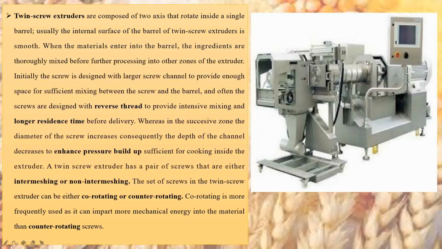Now in that case, in the twin screw extruder we can have 30 to 40% moisture content, whereas in the single screw extruder, where the fruit and vegetable contents have been given, the moisture content was almost 20%.